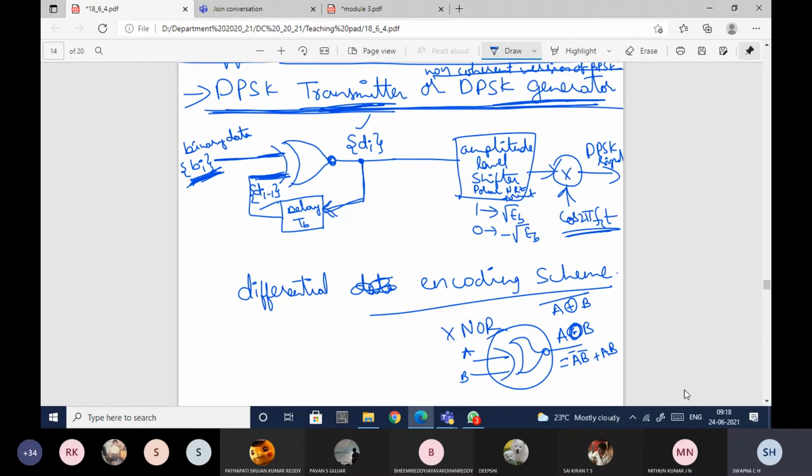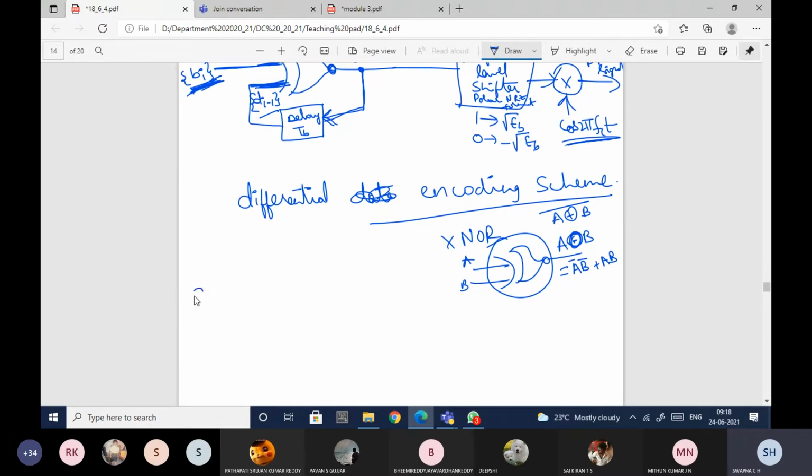So Di is obtained as the XNOR operation between the inputs Bi and Di minus 1. We can write it in this form: Di is nothing but Bi complement Di minus 1 complement plus Bi Di minus 1.